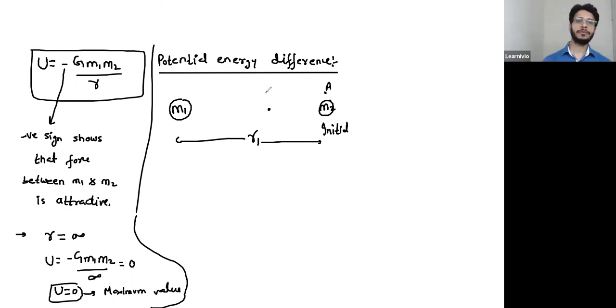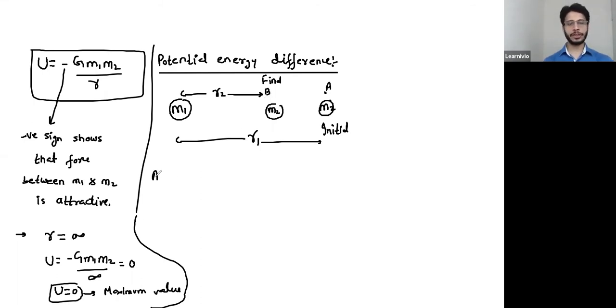Then I take this M2 to a point B, and I say that this separation is R2, and this is the final position. Now, since R1 and R2 both are finite separations, that means at position A, the system will have some potential energy, and at position B, the system will have some potential energy.